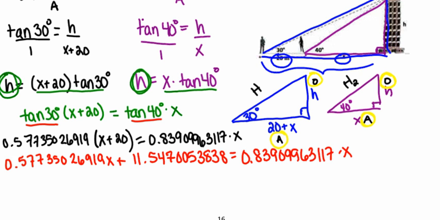Because I've got x on the left side of my equation and x on the right side, I'm going to subtract the 0.577x from both sides. So on the left side, I'll still end up with that 11.54 number.